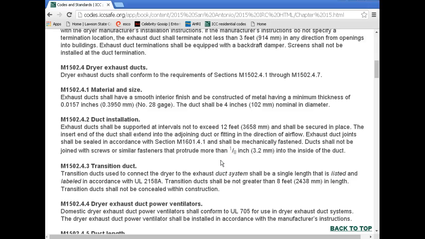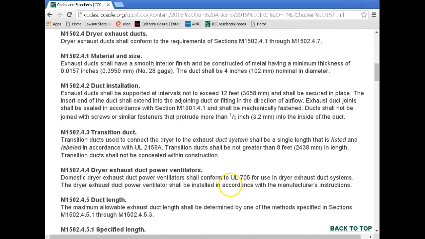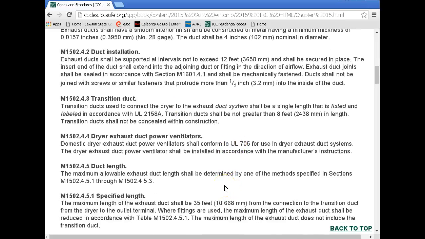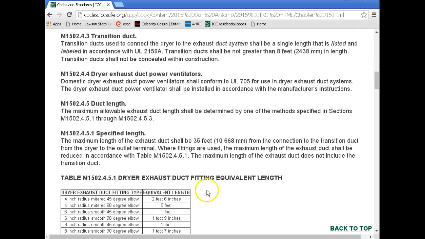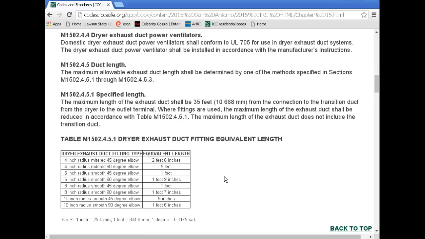What else we got? 4.2 and 4.3. Look at duct lengths, 4.5. Is that on there? 1502.4.5. All right, so duct lengths. We've got a table here, and it basically says the maximum length of an exhaust duct shall be 35 feet from the connection if you're going to use a transition duct.